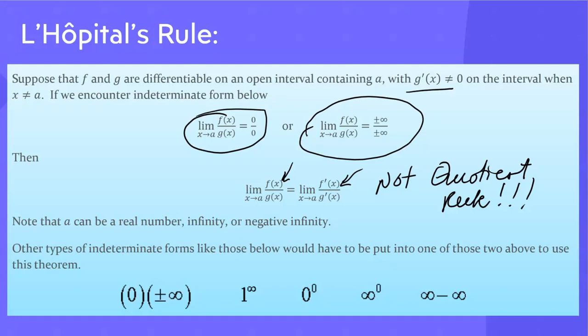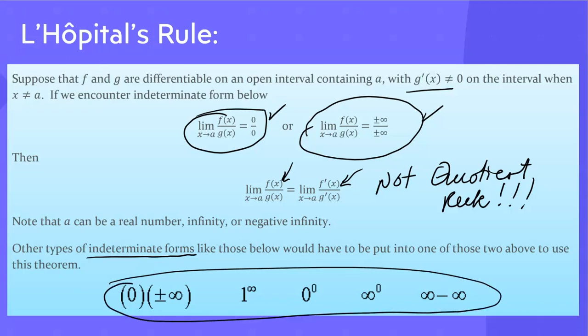So the only scenario where you could apply this rule is if it's in the form 0 over 0 or a variation of infinity over infinity. Now, there are some other forms that are what we call indeterminate forms, where you can transform the way these things look into these forms.